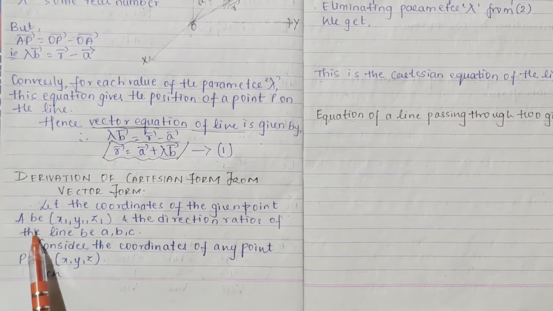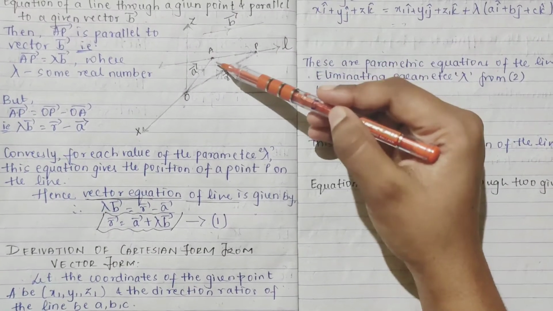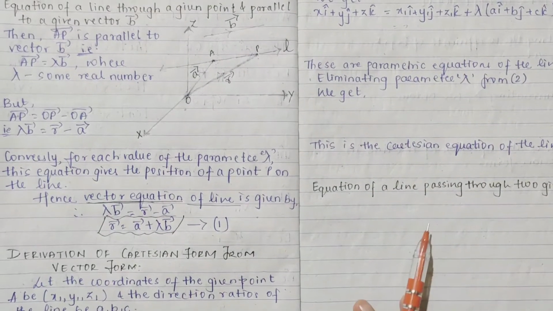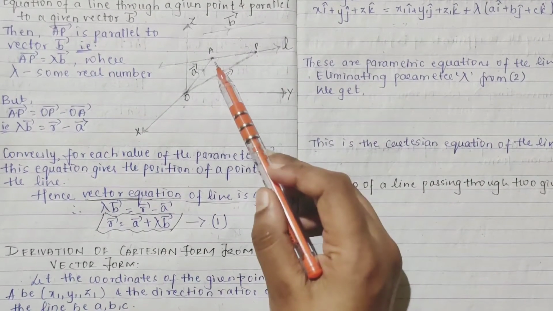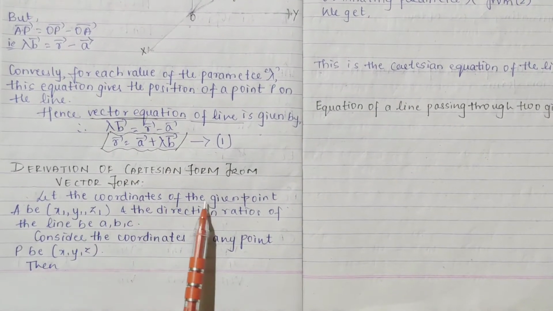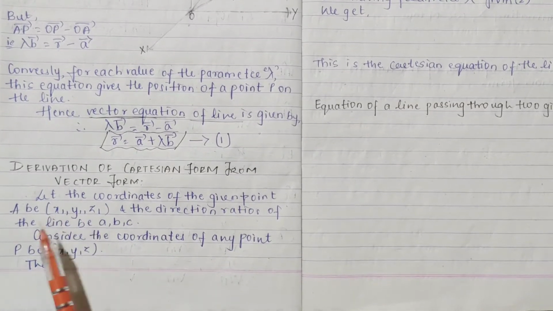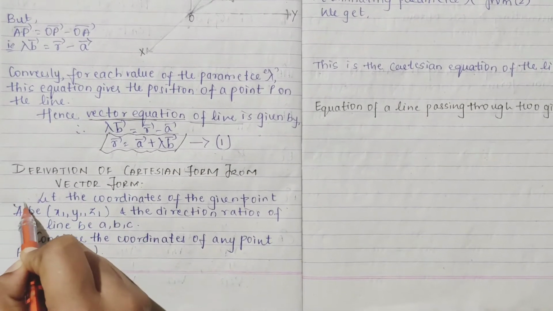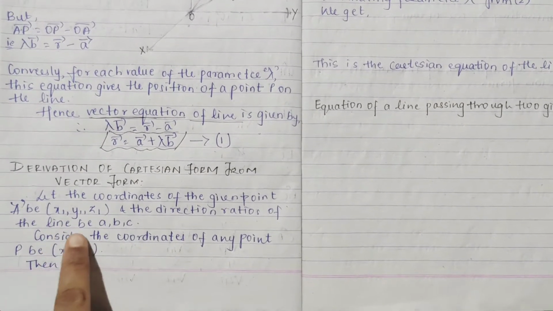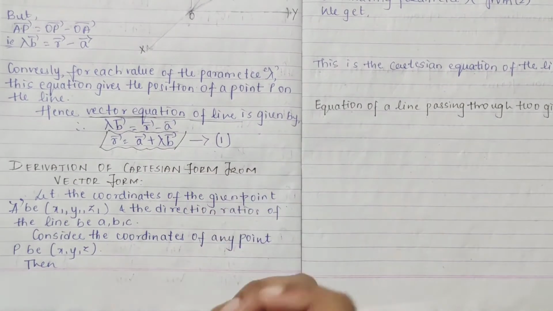Let the coordinates of the given point A, for the same diagram, be x1, y1, z1, and the direction ratios of the line L will be a, b, c. We usually take that only.